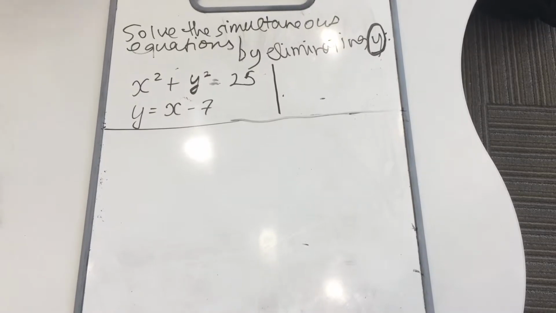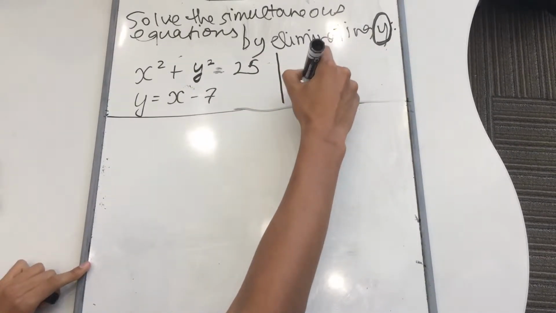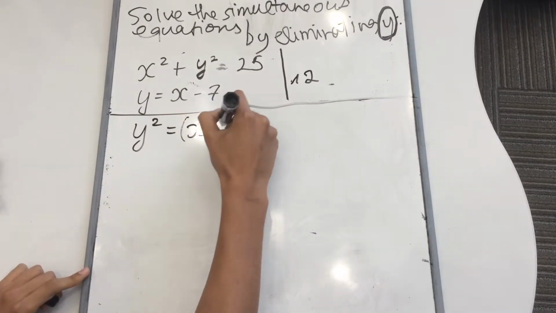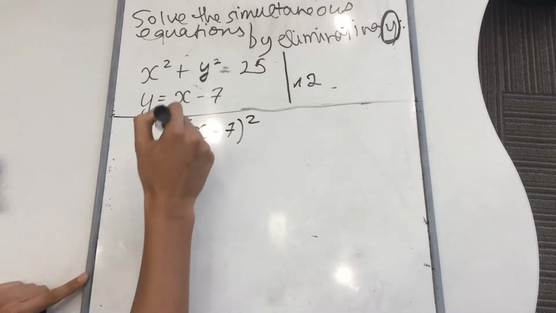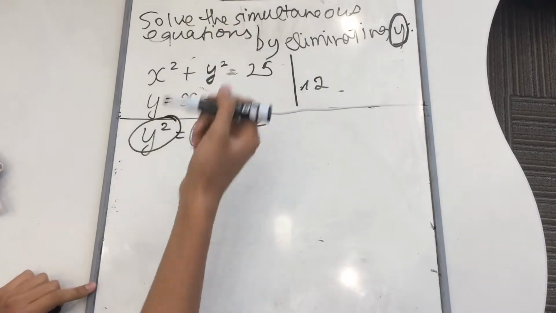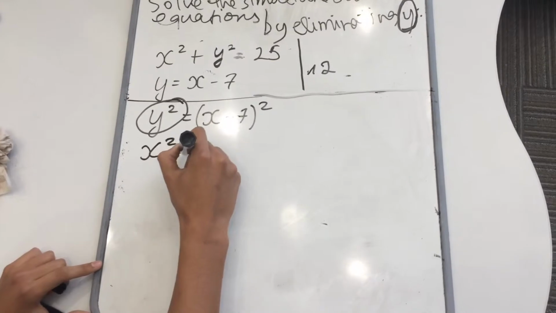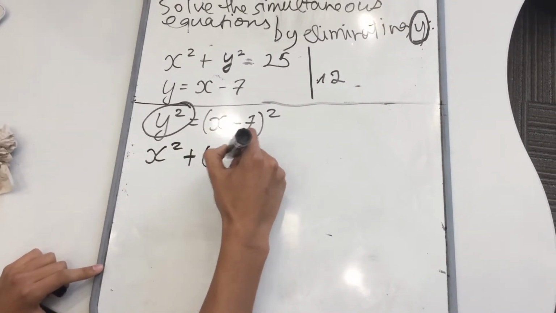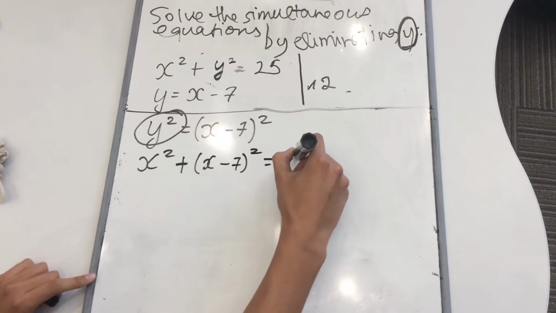Our objective here is to square the bottom equation in order to get y squared equals (x minus 7) squared. Now, since we know what y squared is, we might as well substitute it into the top equation and get x squared plus (x minus 7) squared equals 25.